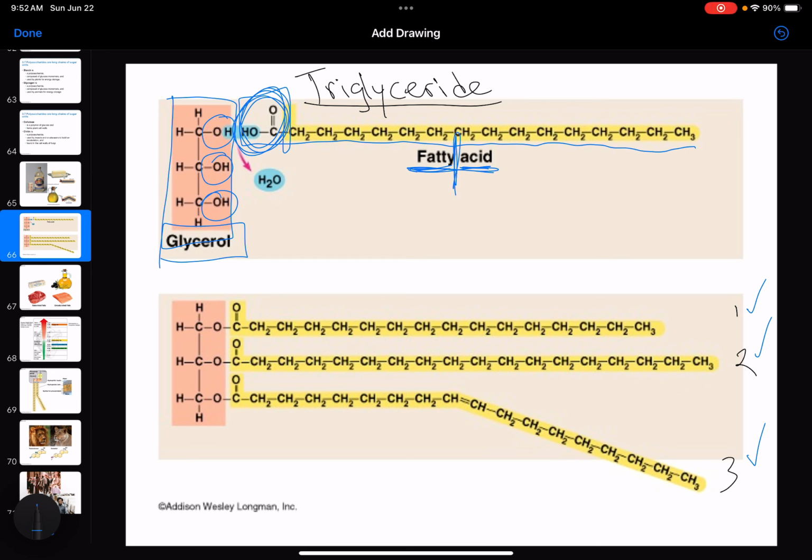Let's break down that term. Why is it fatty? Well, if you look here on the highlighted section, that's just basically this. Carbons and hydrogens, and at the very end, you'll have 3 hydrogens.